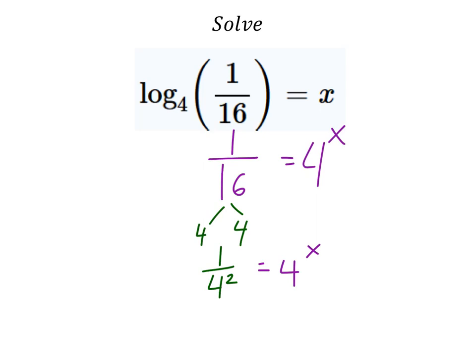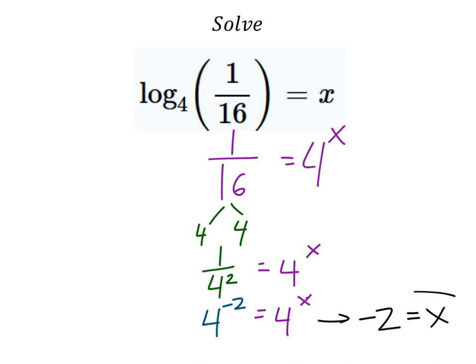And 1 over 4 squared is really 4 to the power of negative 2, which equals 4 to the power of x. Now again, if our bases are the same, we get rid of them and just compare the exponents. So this ends up being negative 2 equals x. Sometimes that'll be in an equation that you actually have to solve. But in this case, this is good.